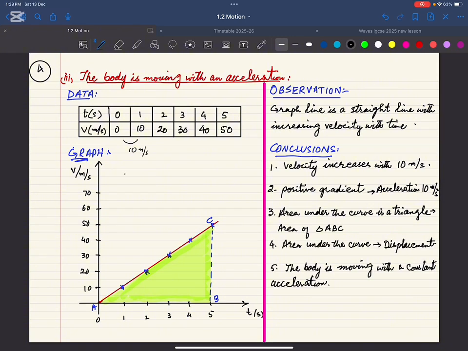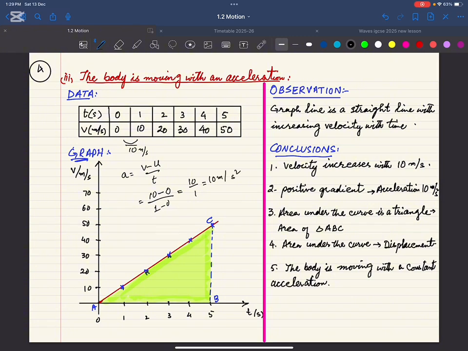If you have a is equal to (v minus u) divided by t, then for the first step the velocity initially is 0 and now the velocity is 10, the time interval is 1, and 1 minus 0 is 1, so 10 divided by 1 will be 10 meter per second square.